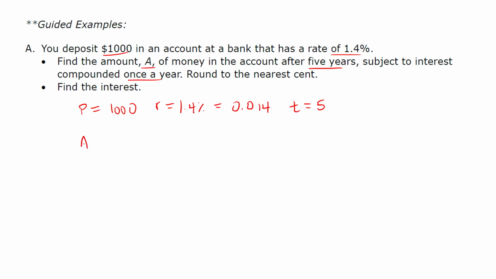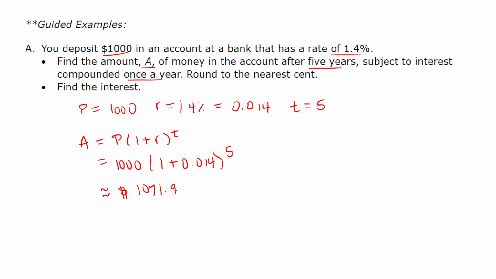We're asked to find A. So A here is going to be P times (1 plus R) to the power T. Substituting in our values, we have 1,000 times (1 plus 0.014) raised to the power 5. So this will be approximately, rounded to the nearest cent, $1,071.99.